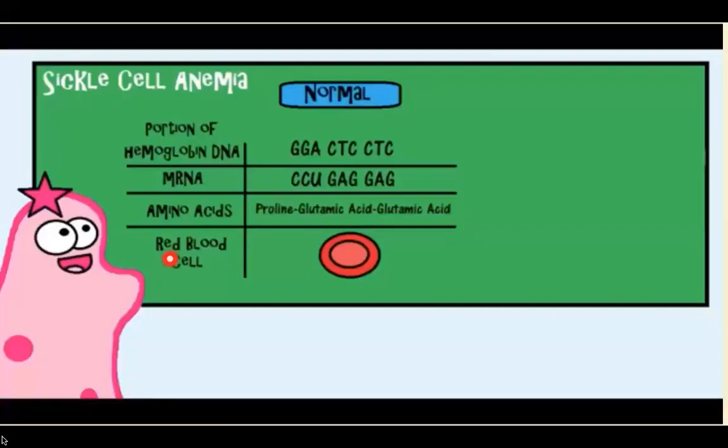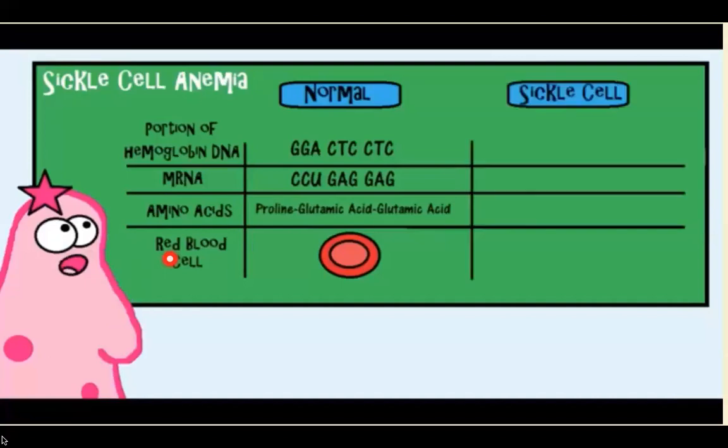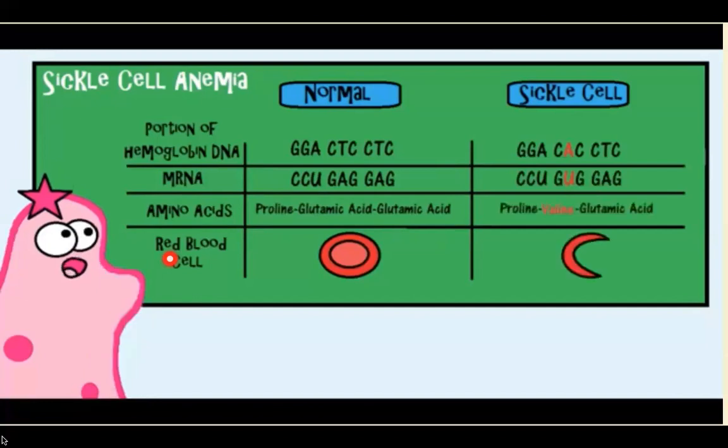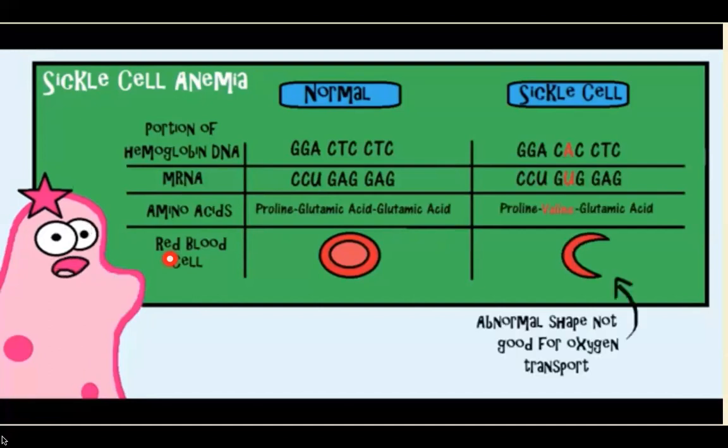Well, in the disorder sickle cell anemia, the gene that codes for hemoglobin is mutated. And if you inherit 2 copies of this mutated gene, one from each parent, you can have this disorder. And the disorder makes it very difficult for your red blood cells to carry oxygen because the shape of the red blood cell, it's affected from this mutated hemoglobin protein. And this can lead to anemia and other problems.